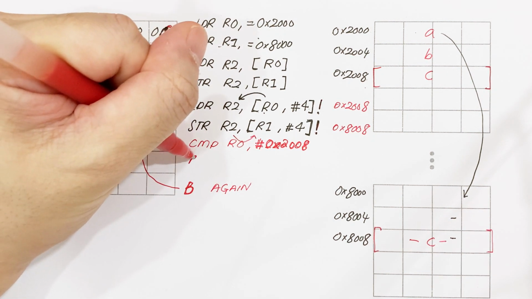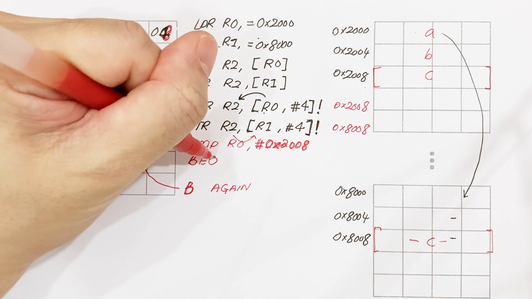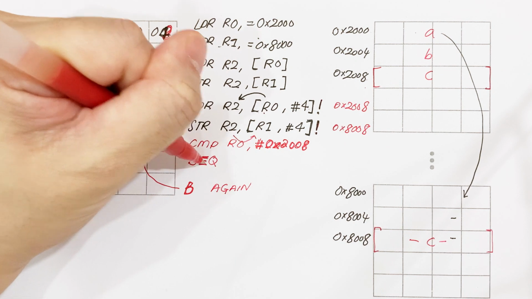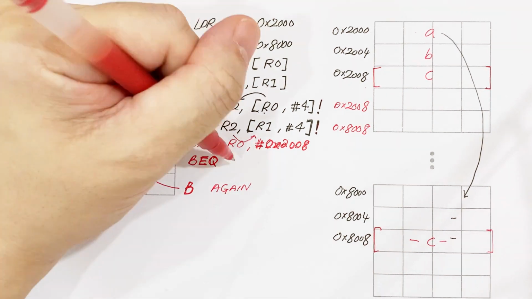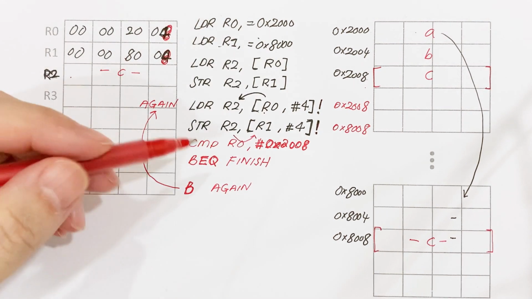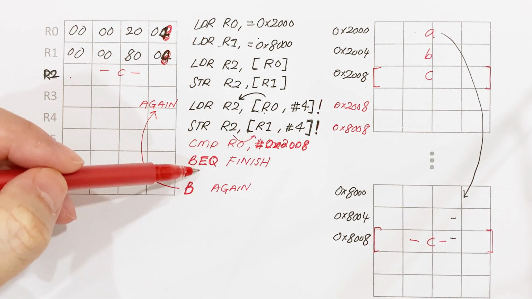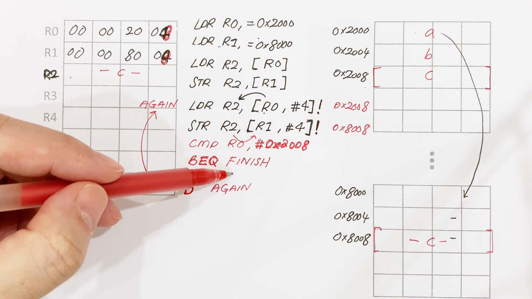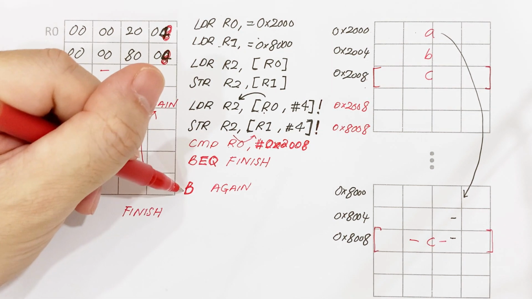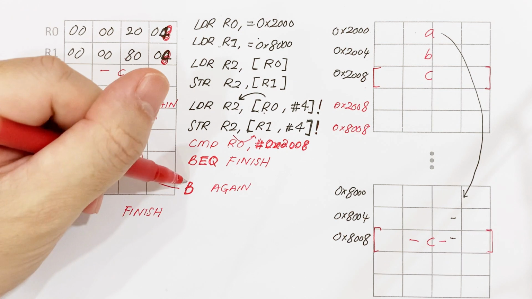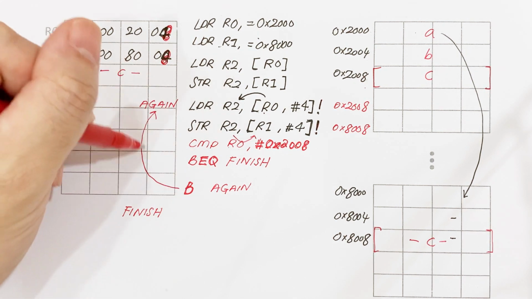So we can have a branch with the condition of equal, represented by the characters EQ, to tell our processor that if R0 is equal to 2008, let's jump to finish. So finish should be somewhere after the branch instruction, so that our processor will not go to this line anymore.